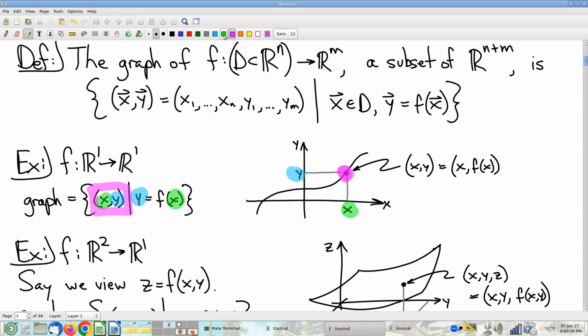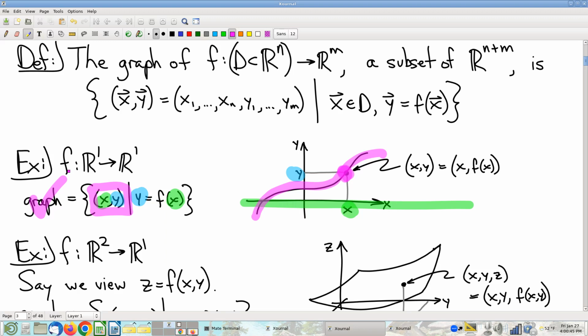And then if you think about doing that for all of the different inputs, then you get a bunch of different points that defines the graph. Is that cool? Does this look familiar to everybody, I hope?